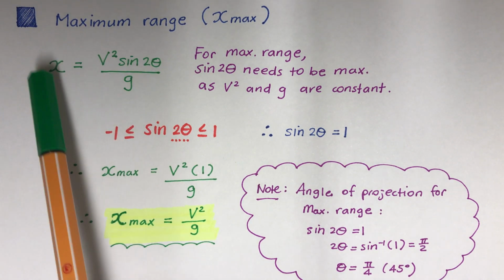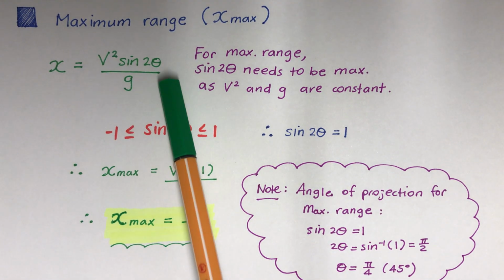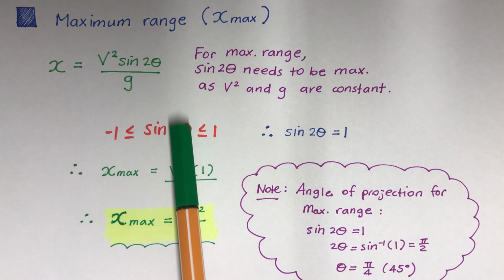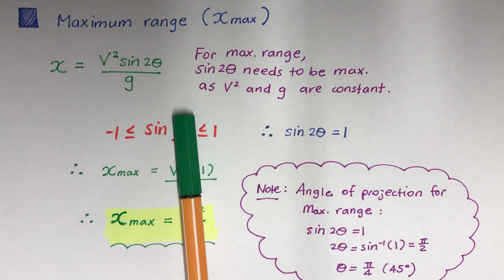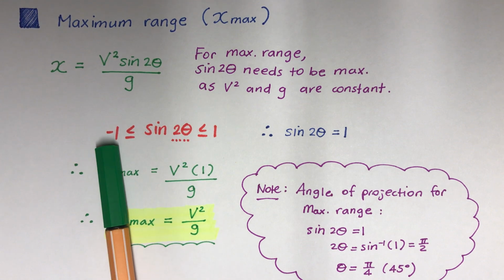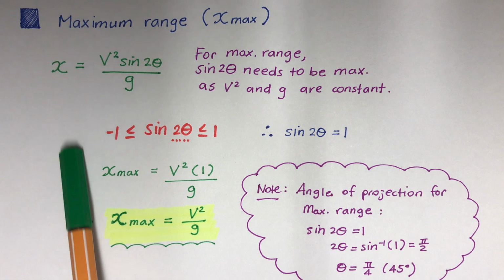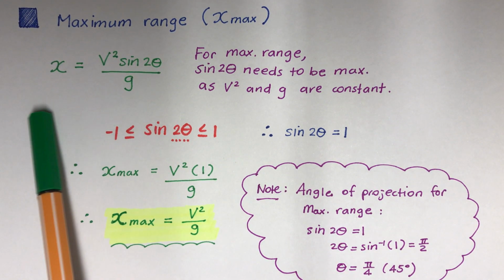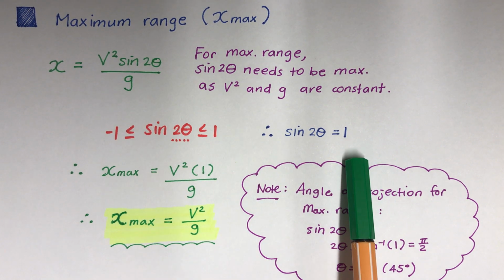So for x to be max, sine 2 theta has to be maximum. It doesn't really matter what sine of something is, it always goes up to 1 and down to minus 1. So the maximum will be 1, minimum will be minus 1. If you look at the sine graph, it doesn't matter how fast or slow the period finishes, the maximum and minimum don't change.